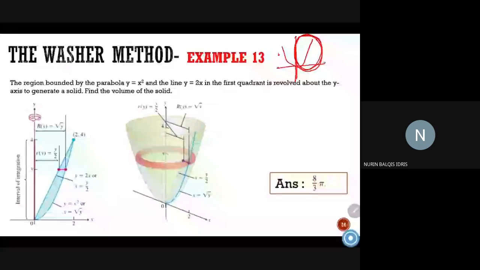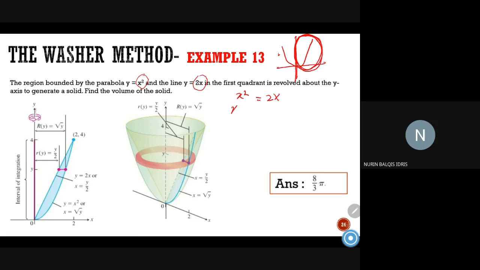Okay, the line, so y-axis. So nampak tak macam saya cakap tadi. Okay, our region adalah yang ni. Okay, so make sure when you do this kind of question, you need to find the point of intersection first. Nak tahu dia ni sebenarnya cover dari mana ke mana. So for this case, maknanya kita ada x square equals to 2x.